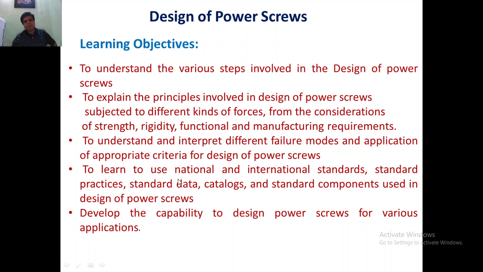You can use national and international standards and standard data available for designing power screws. And you should develop the capability to design power screws for various applications. So these are the objectives to learn the topic power screws in Design of Machine Elements 1.